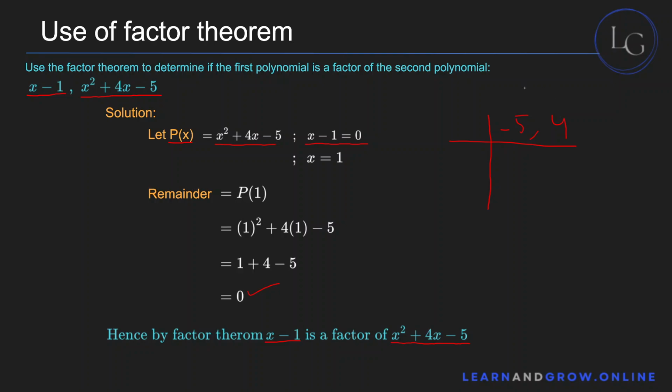So over here you can clearly see that 5 into minus 1, if you multiply them, it'll give you minus 5. If you add them, they will give you 4, and that's exactly what you need.